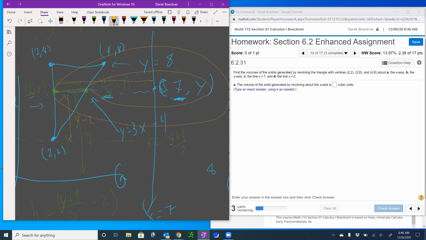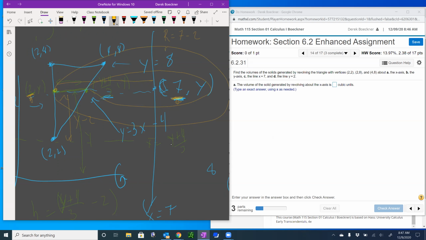The outer radius is the big radius, and that's the distance between this x value at 7 and this x value at 2. Because this point's at 2 comma y, right? This point's at y plus 4 over 3 comma y. So to get my outer radius, that's 7 minus 2.